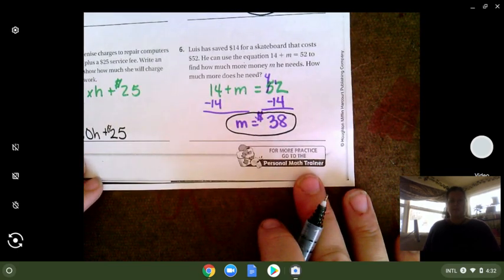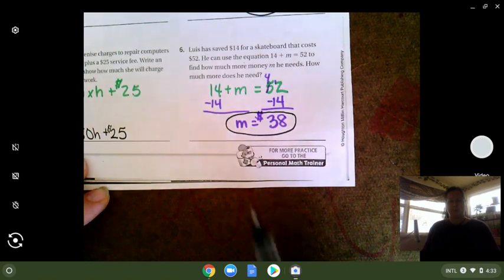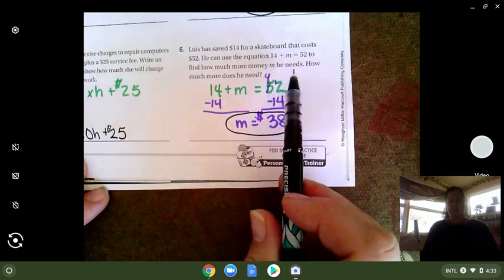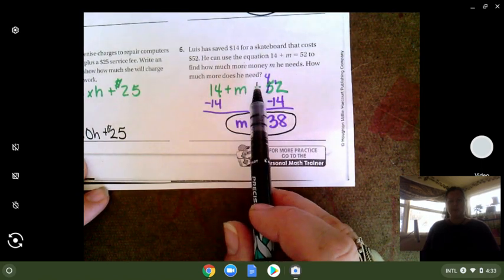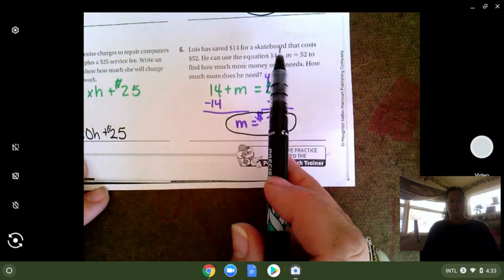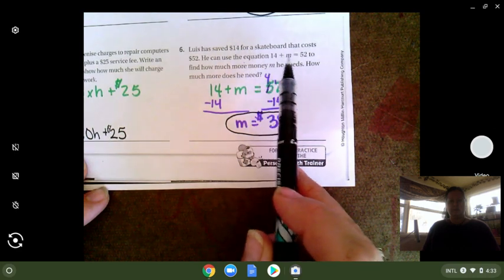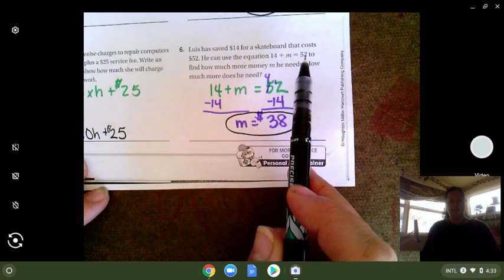Lewis has saved $14 for a skateboard that costs $52. He can use the equation 14 plus m equals 52 to find how much more money, that's what we're going to use for our variable, that he needs. How much more does he need? So it says he has saved 14 for a skateboard plus the amount he still needs will equal 52.